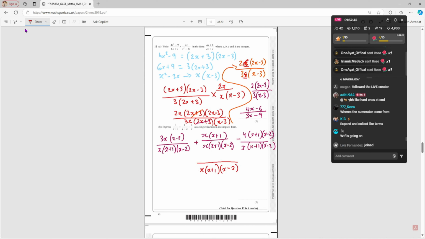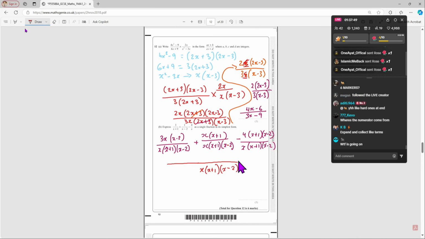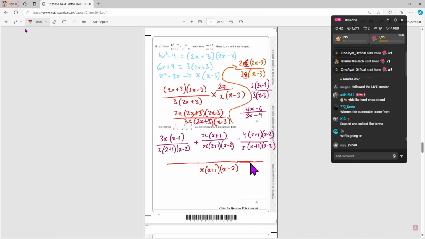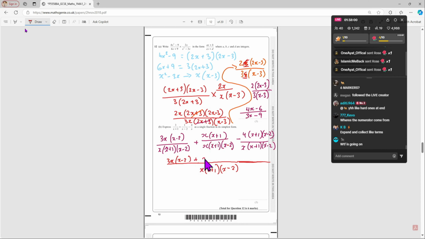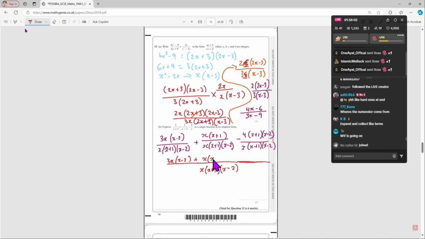It's going to be a long fraction. So the numerator is going to be 3x, x minus 2, then plus x, then x plus 1, minus 4, x plus 1, and x minus 2.